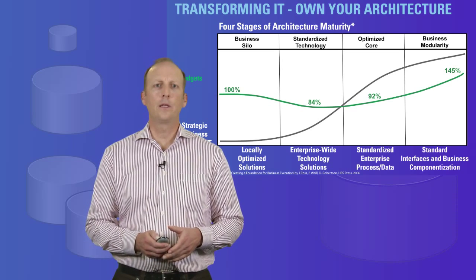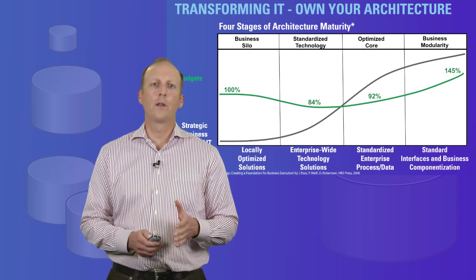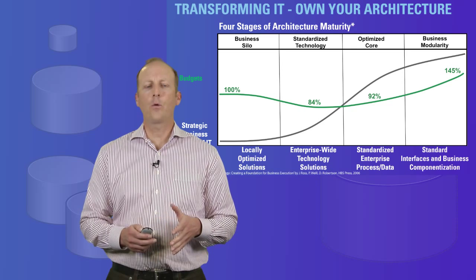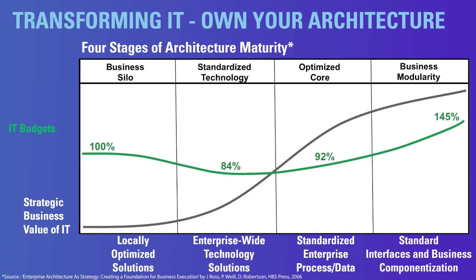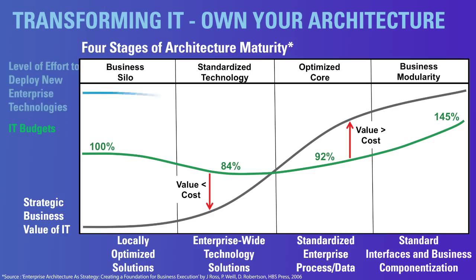But the key here, again, as you go forward, is how do I actually get an increase to the IT budget because I'm adding value? And that is in turn, you'll see here the value cost still is going down in the standardized technology phase, and it's going to be going up when you get over to the end of an optimized core.